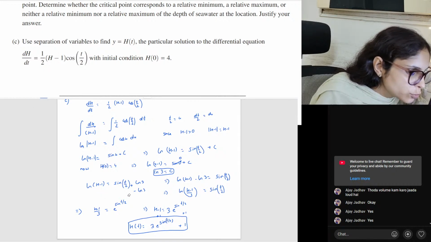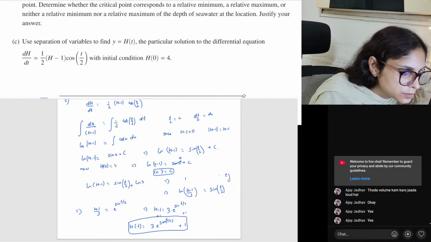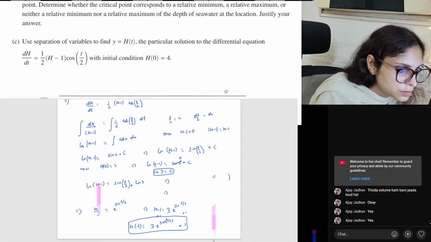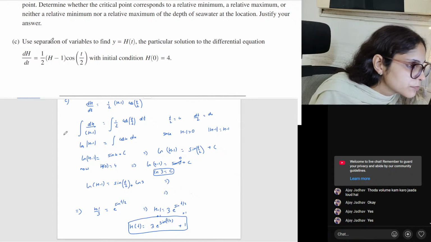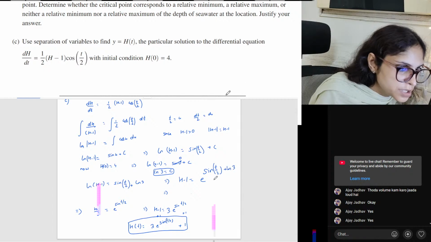So now instead of bringing it over here, what I could have done is directly taken the antilog. So h minus 1 would have become e to the power sine(t over 2) plus ln 3.